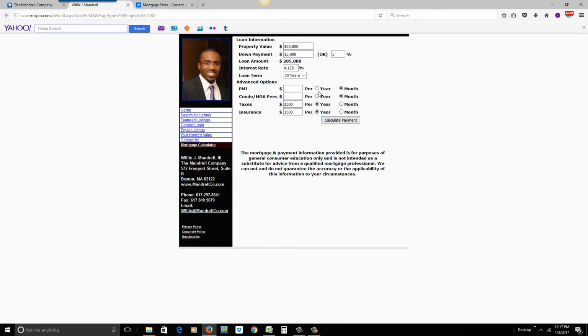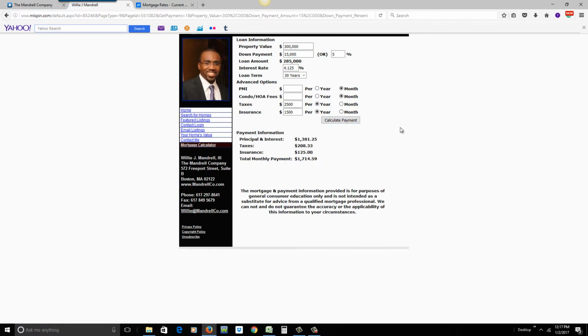I'm going to take all these numbers: $300,000 purchase price, minus my 5% down, which means I'm financing $285,000 over 30 years at 4 1/8. I'm going to pay taxes per year of $2,500, so a little over $200 a month, and insurance of $1,500, or a little over $100 a month.